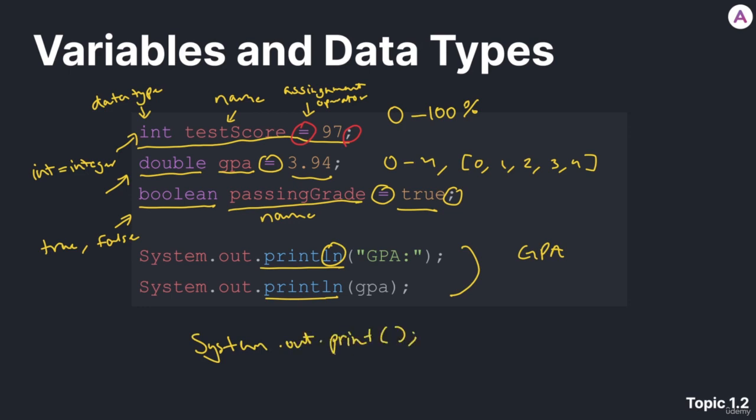What this does is it doesn't move the cursor to the next line. So in this case, we have the ln, which means we have to move the cursor to the next line. So we go to the next line, and we print out my GPA, which is 3.94. So the output on your screen would look something like this.